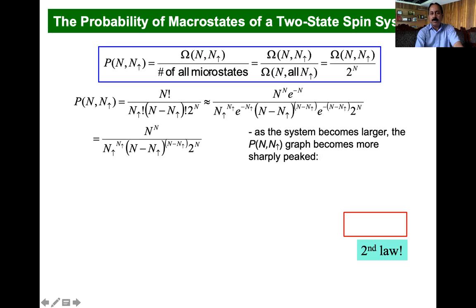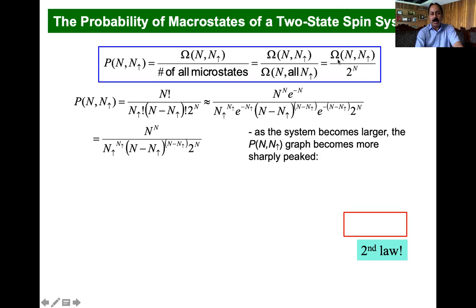So this is a simple ratio. The total number of all microstates is 2 to the power N. So the probability of this macrostate of a two-state spin system is omega divided by 2 to the power N.